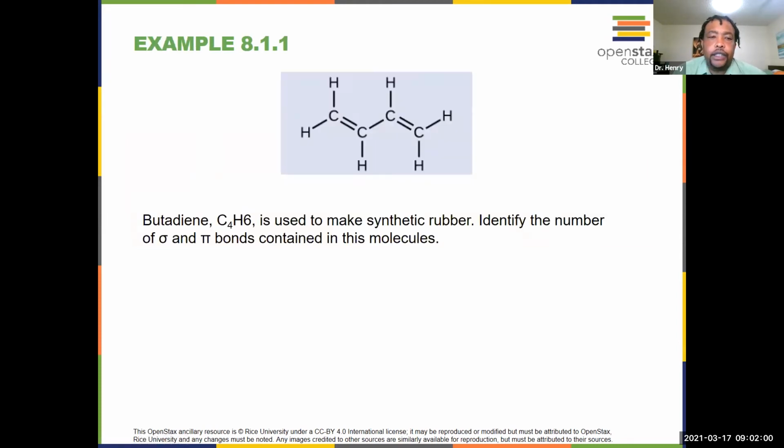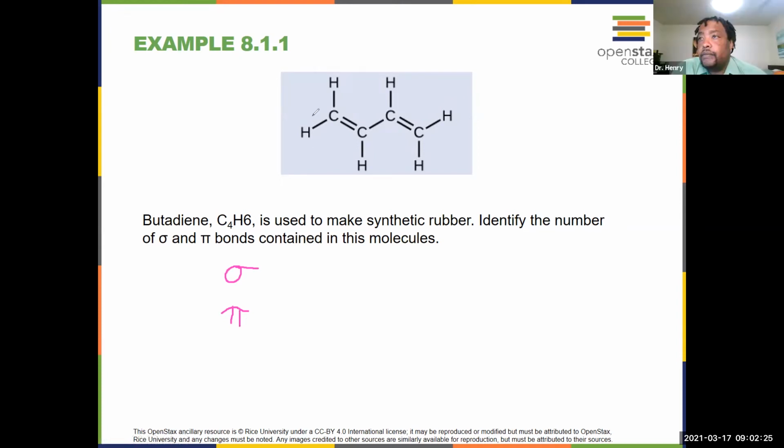Okay, so let's see those skills. So we have this nice, beautiful molecule here. So let's talk about how many total sigma bonds this molecule would have, and how many pi bonds this molecule would have. 9 sigma.